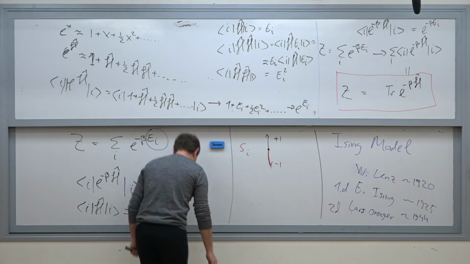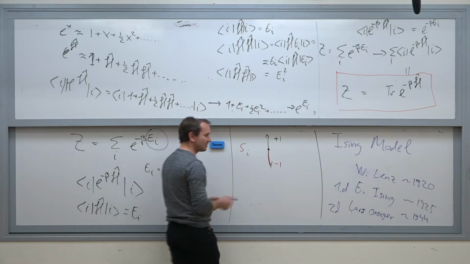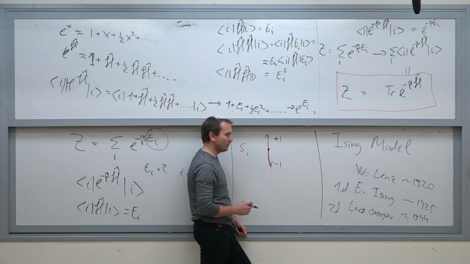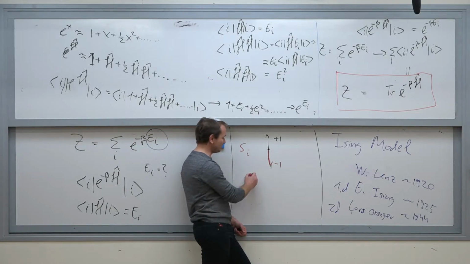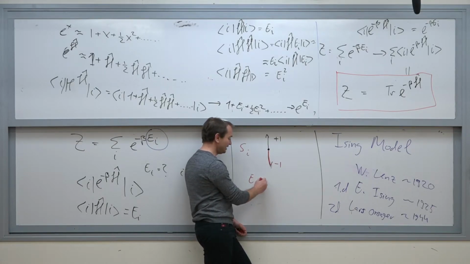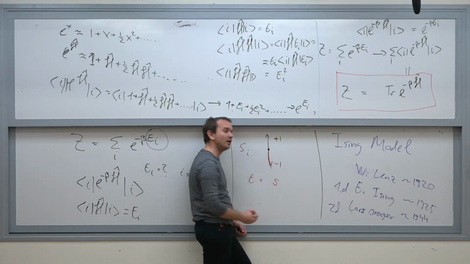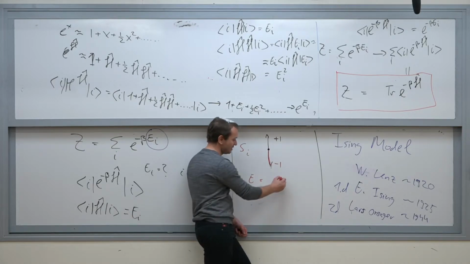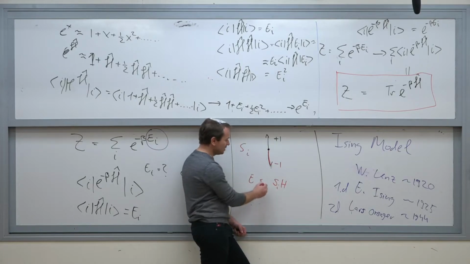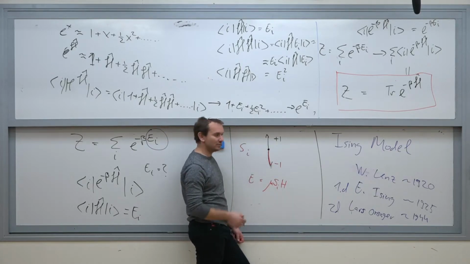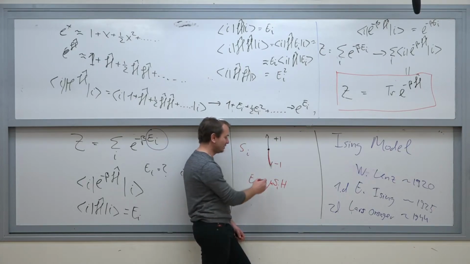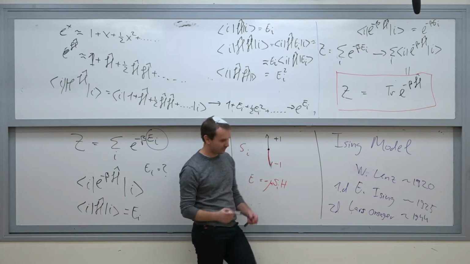Now, the energy, you already know this, that is associated with each value of the spin. The energy, let's call it E_i, of a specific spin, is simply minus S_i multiplied by the external field H, multiplied by mu, which is related to the Bohr magneton, and the minus sign over here.